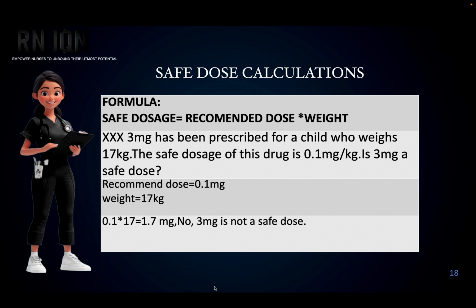Safe dosage is equal to recommended dose 0.1 mg into the weight of the patient, 17, that gives 1.7 mg. So our question is whether 3 mg is a safe dose. What's the answer? No, 3 mg is not a safe dose, that exceeds 1.7 mg. Okay, is that clear for you?